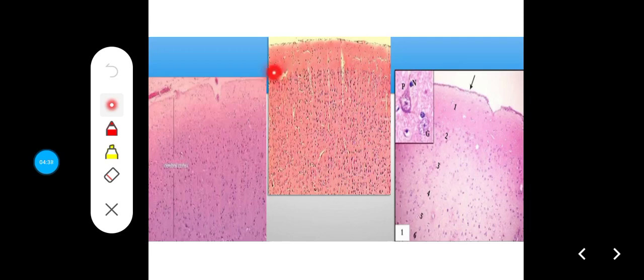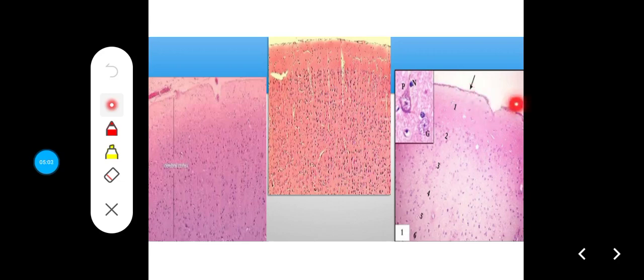Same thing here, and then the pia mater. Notice that the black dots increase. Same thing here. This kind of deepening of the outer cortex represents the gyri and the sulci.